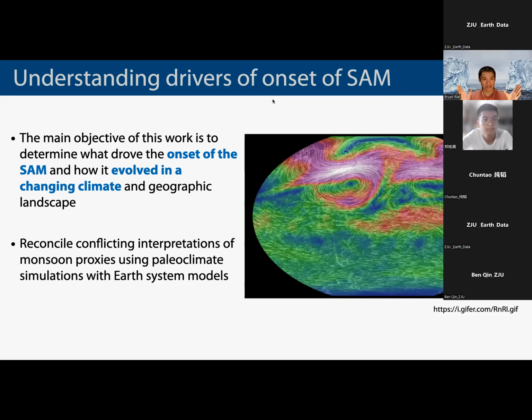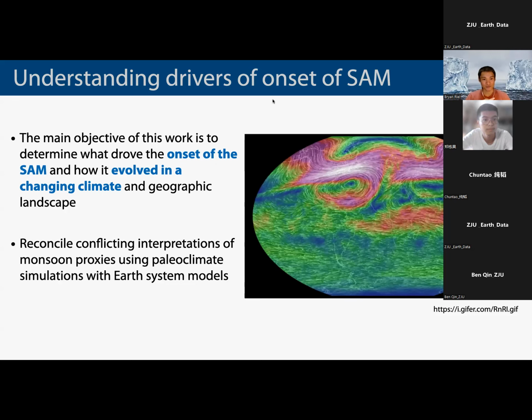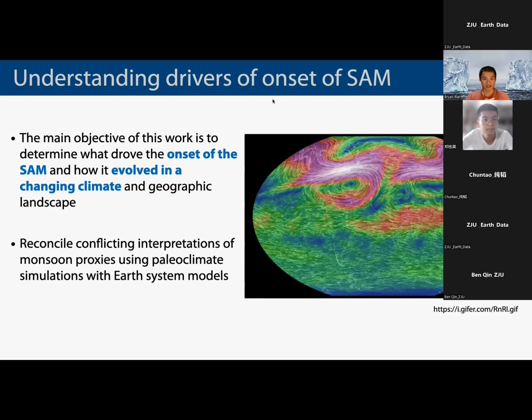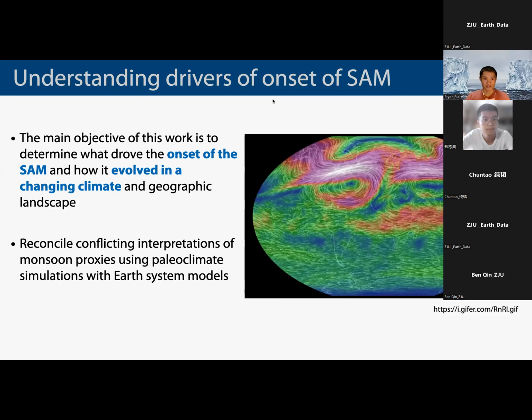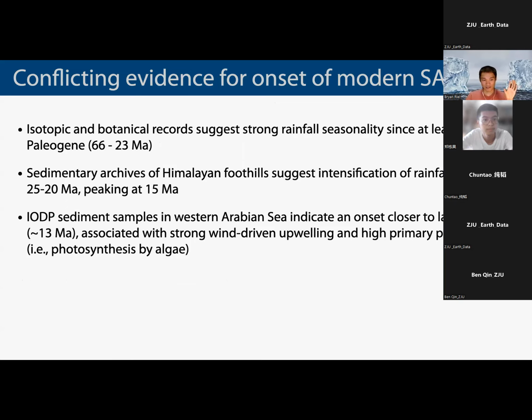The specific motivation of this work is to reconcile conflicting interpretations of monsoon proxies using paleoclimate simulations with Earth system models. With regards to the conflicting interpretations, basically there are different independent lines of evidence that tell different pictures of when the SAM formed.